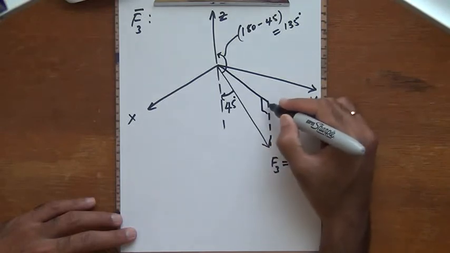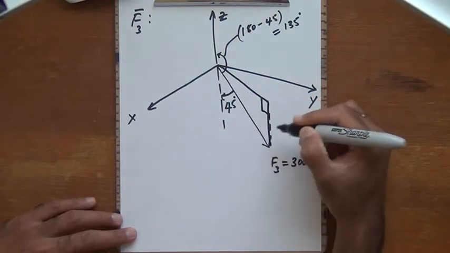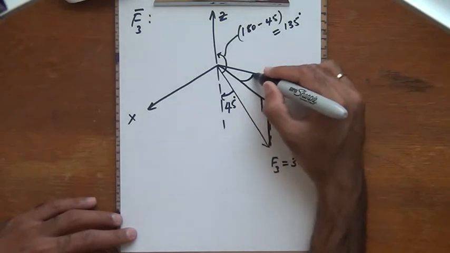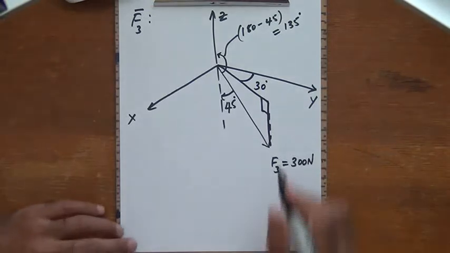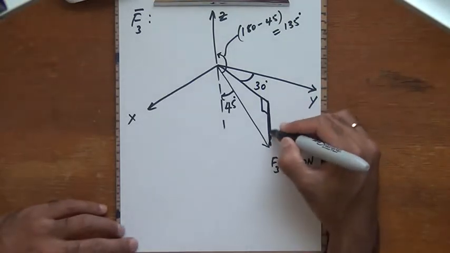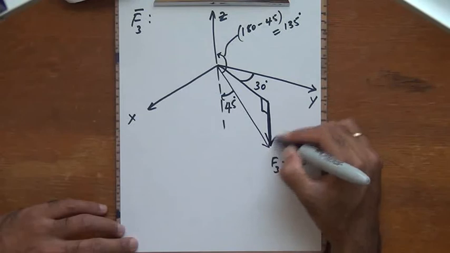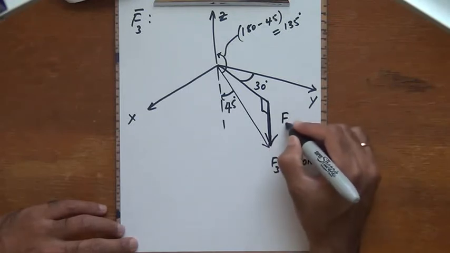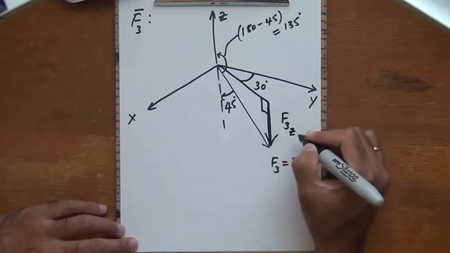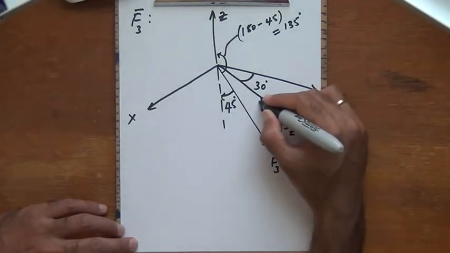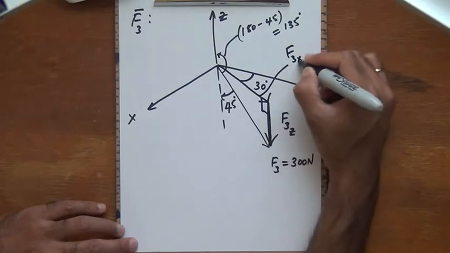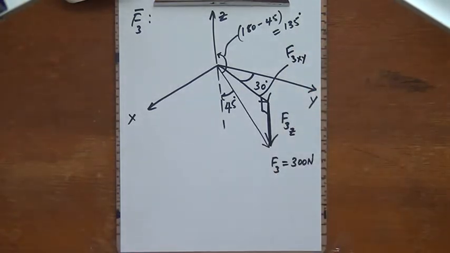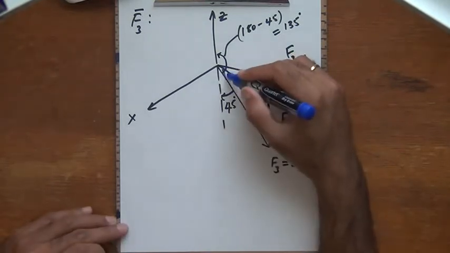This is a 90-degree triangle right there, and then I know that this angle here is given to me as 30 degrees, and so if I can draw this component here, I'm going to call this component as F3 in the z direction, and I'm going to call this component here as F3 in the xy direction, and I'm going to focus my attention on this triangle, which I'm going to shade in blue here.